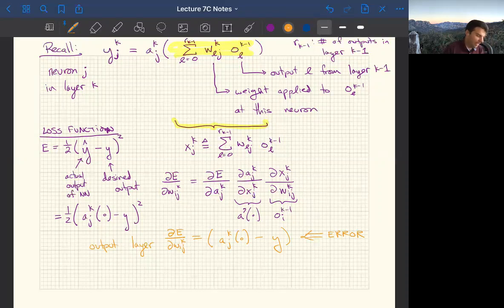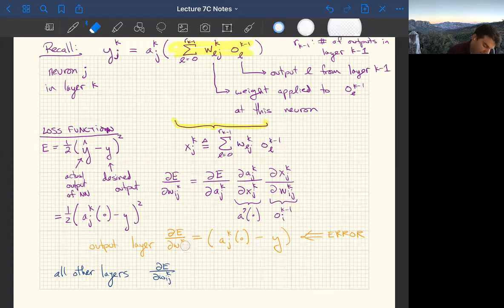And then if I'm at an inner layer, so all other layers, then that partial derivative, oh, and yeah, I guess I screwed up.